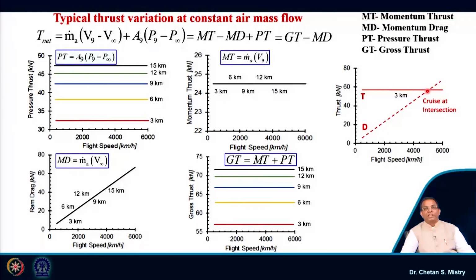Once it reaches high speed, we can say this is representing our cruise condition. At that condition, my drag and my thrust will both be equal. Now, with the change of altitude, we can look at that it is asking for a higher flight speed in order to meet the requirement.